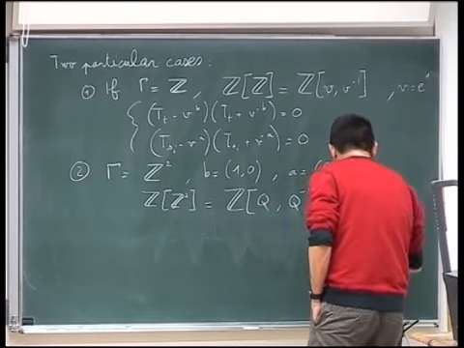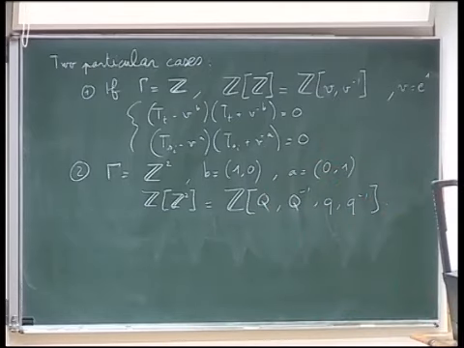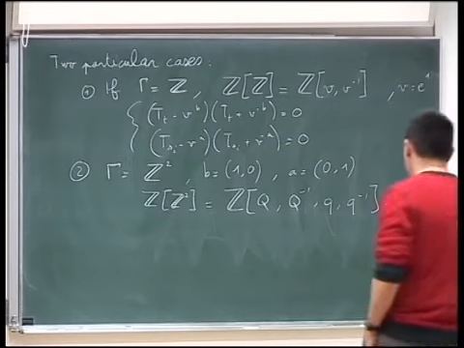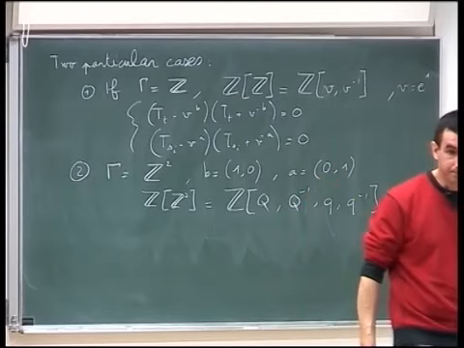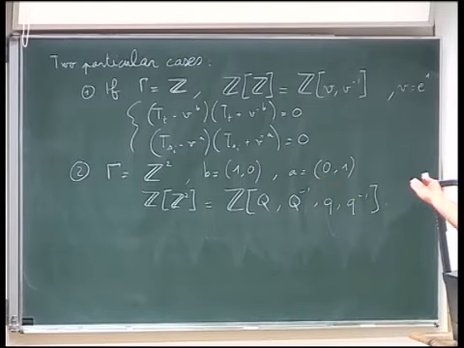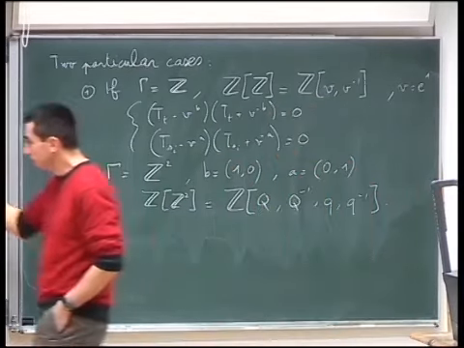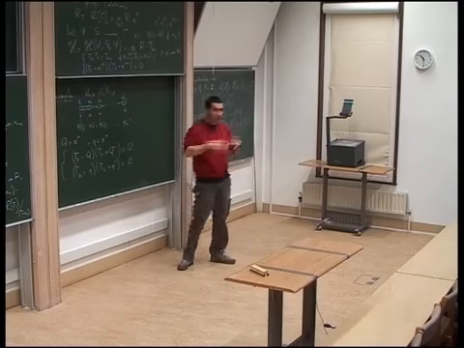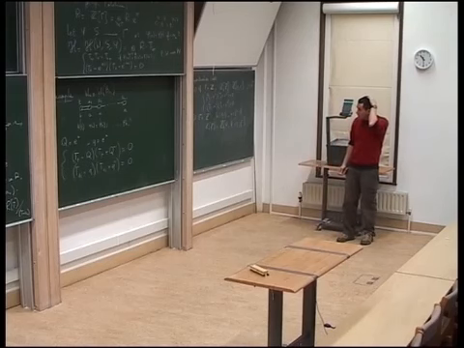And capital Q and little q are algebraically independent because b and a are linearly independent. That's equivalent. And you see that in this case, you recognize the generic Hecke algebra, the most generic Hecke algebra you can build.